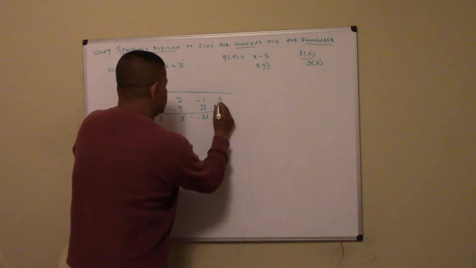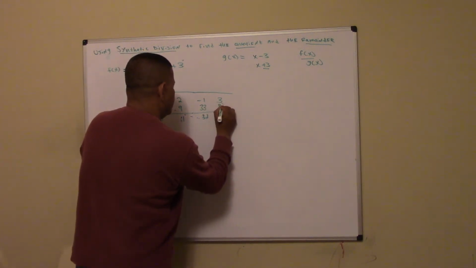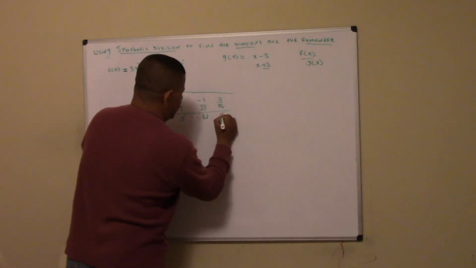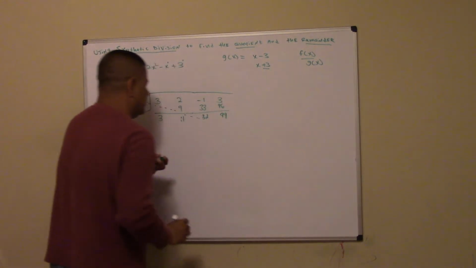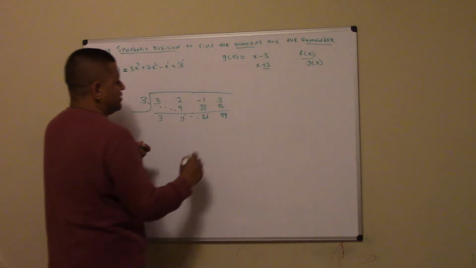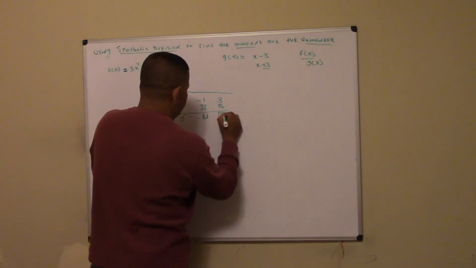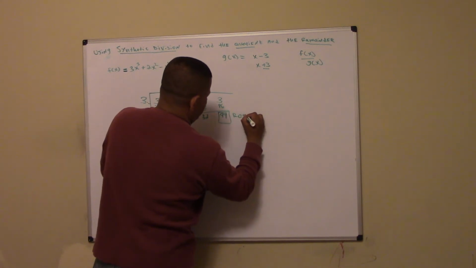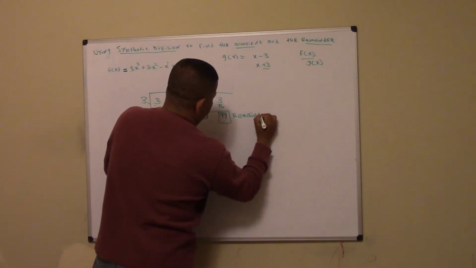Let me just keep it consistent in the color. 96, right? 96 plus 3 is 99. Okay? So this is the remainder.